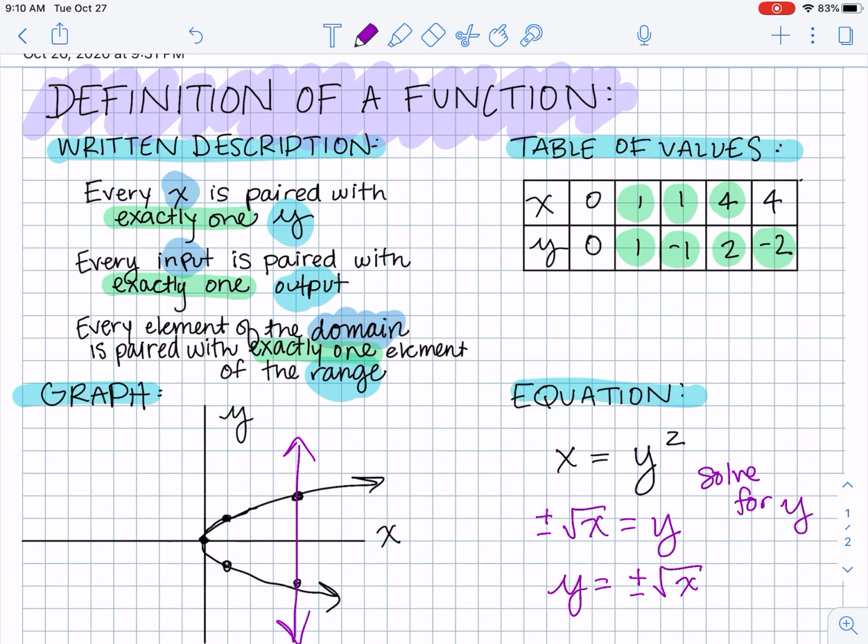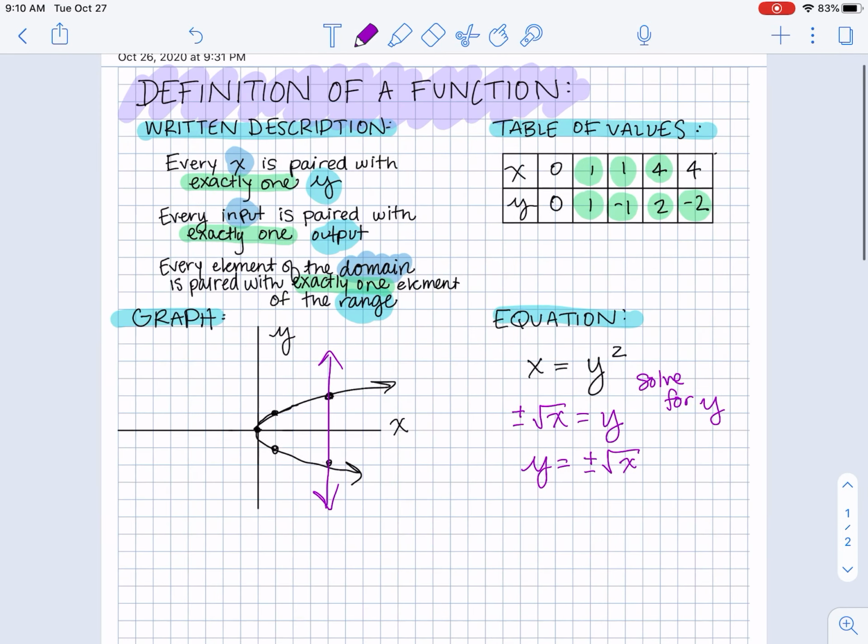And now think about this. If I plug in a number for x, like say 4, what happens? I could get +2 or -2. And now you see, two outputs. We can't make a prediction about what y will be if we're given x. We have these two different options. So that's no good. It's not a function.